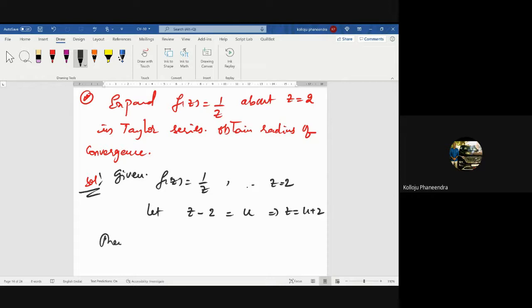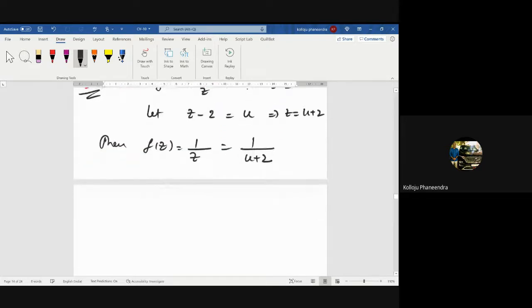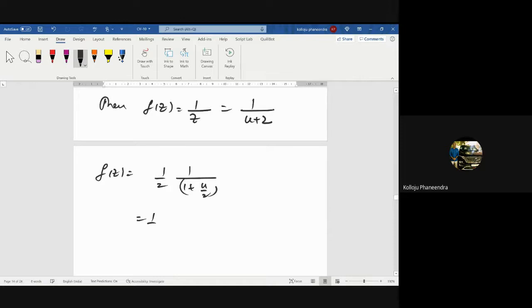Then f of z becomes 1 by z, that is equal to 1 by u plus 2. I can find this using binomial. 1 by 2 is common, so 1 by 2 times 1 plus u by 2 to the power minus 1, which is 1 minus x plus x square minus and so on.